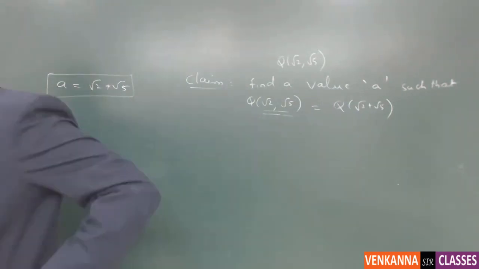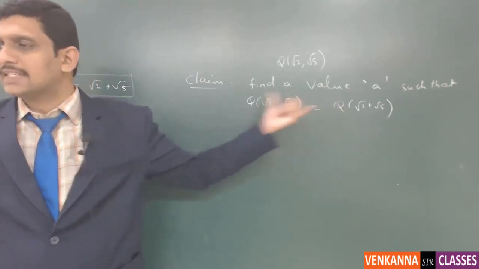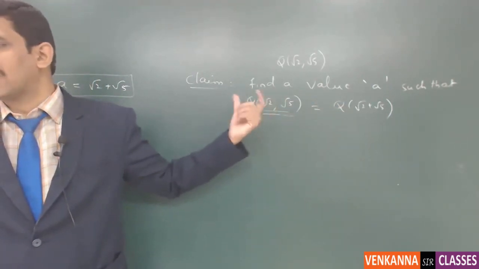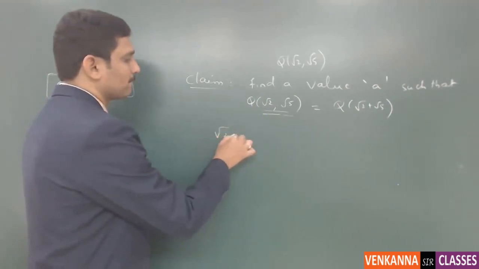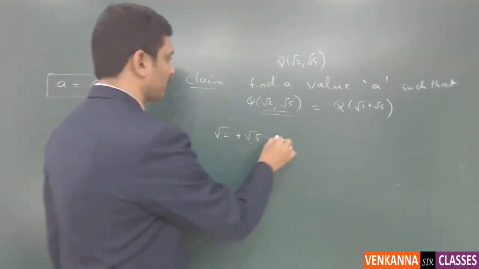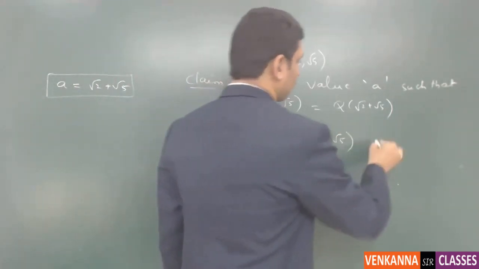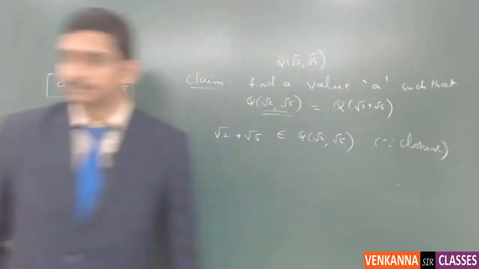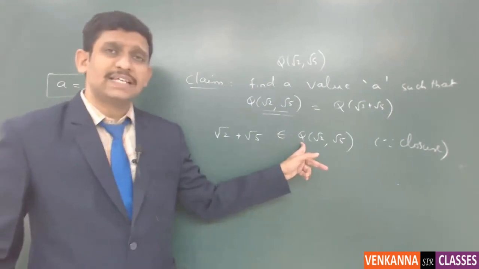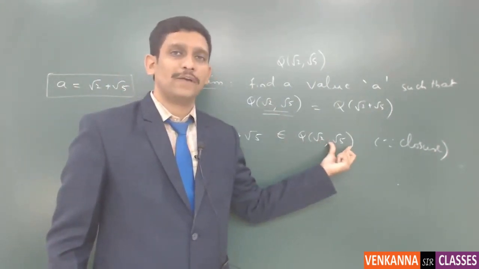Okay. So my intention is to prove that this is a subset of this and this is a subset of this. So in the first place, this set contains two values, root 2 and root 5.